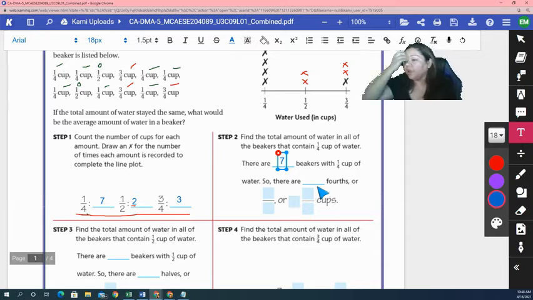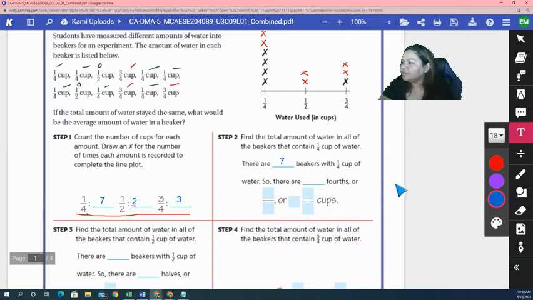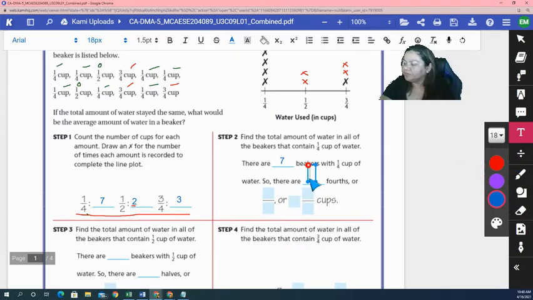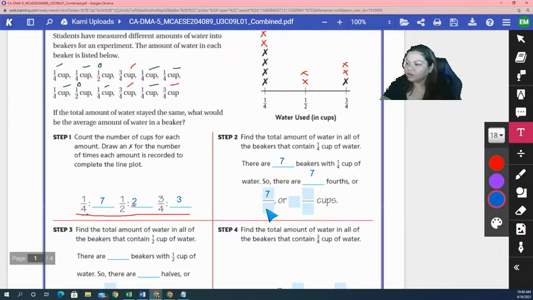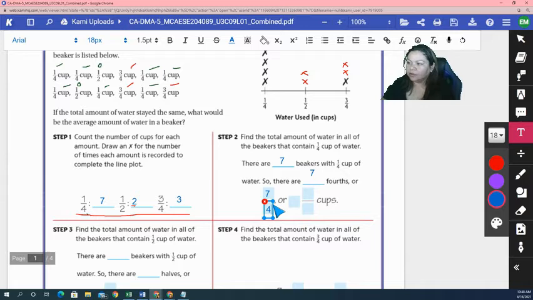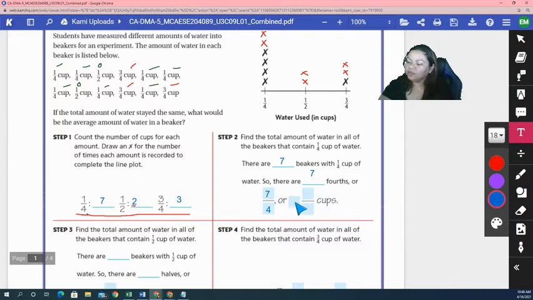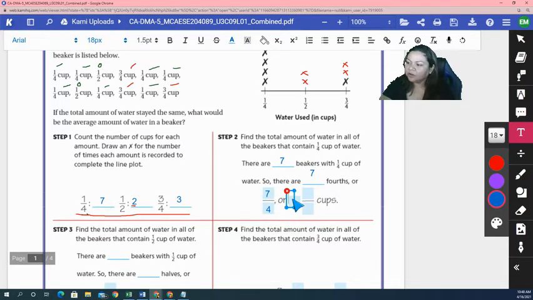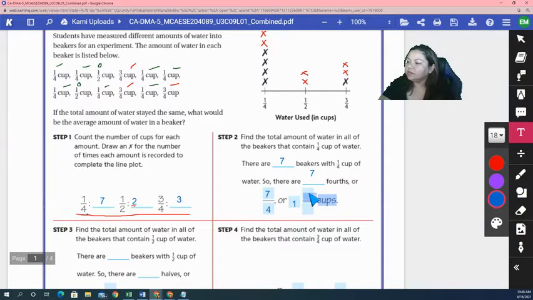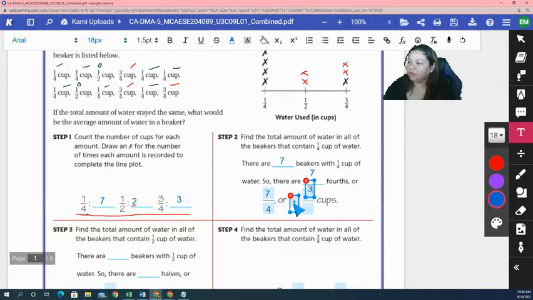So if we're counting how much water we have in total, we have how many quarters? 7. So we have 7 fourths, right? Or we can rewrite this as 7/4, like this. And if we simplify this to a mixed number, we can write this as 1 and 3/4.